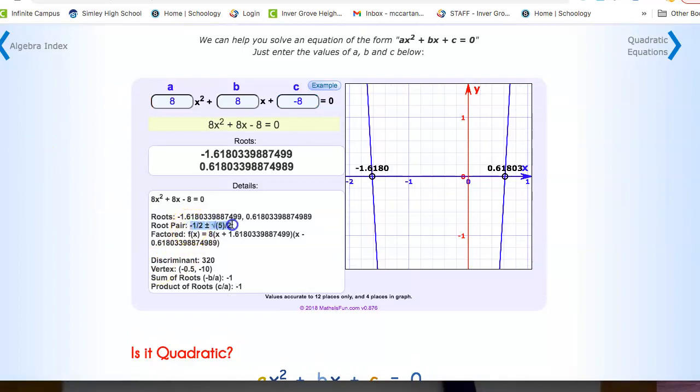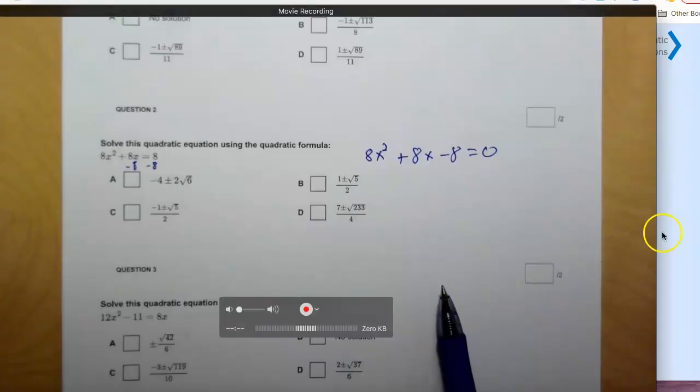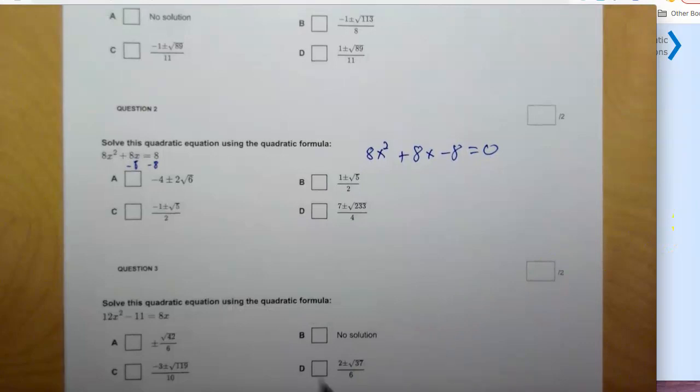Guys, there's the answer right there: 1/2 plus or minus the square root of 5 over 2. You should be able to see your answer from there. Negative 1 is what it said, I do believe. Negative 1. Yep, negative 1. That's the key. I see the answer. All right, number 3.